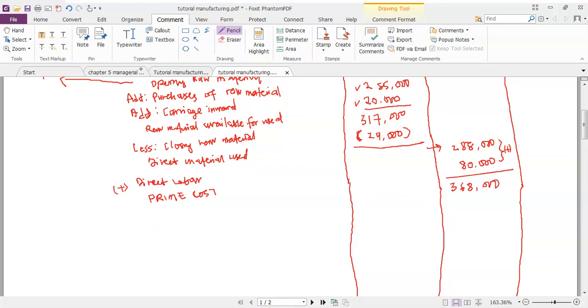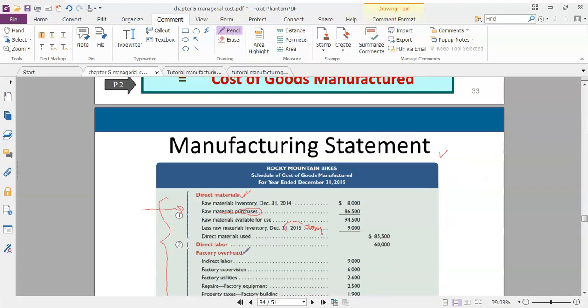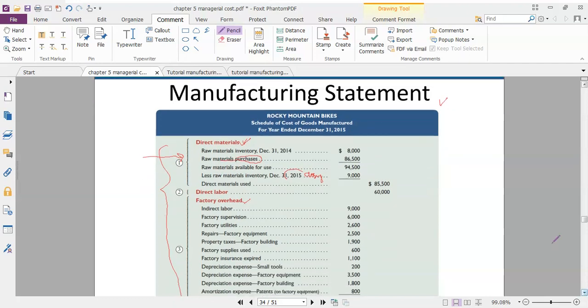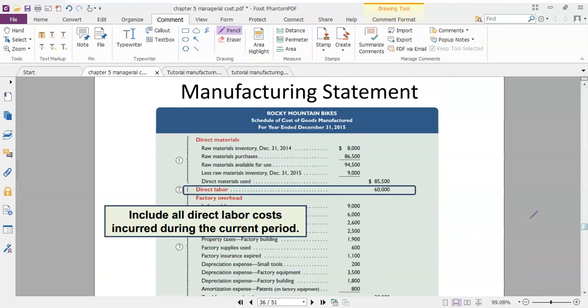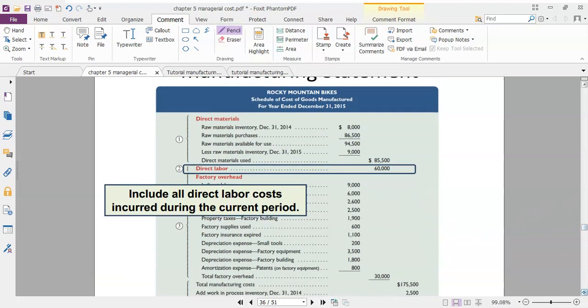Then next, let's look at the format. We should add on the factory overhead. What does the factory overhead include? Indirect labor, if there is indirect labor in the list of account. Factory supervision. All expenses regarding the factory are factory overhead. Include all the direct labor costs incurred during the period, like before.